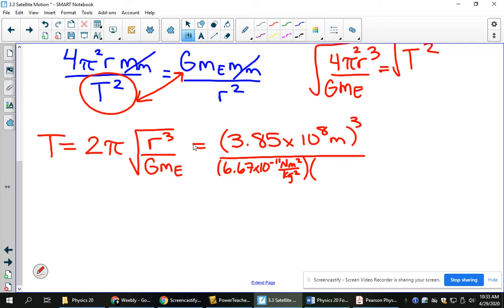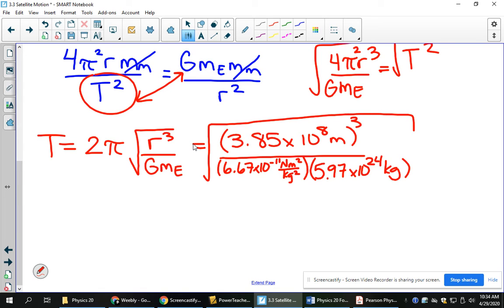Our formula sheet has mass of Earth, and page 218 in the textbook has the mass of Earth, 5.97 times 10 to the 24 kilograms. Don't forget to square root. Pause the video, see if you can pop it in your calculator properly. 2.38 times 10 to the 6 seconds.